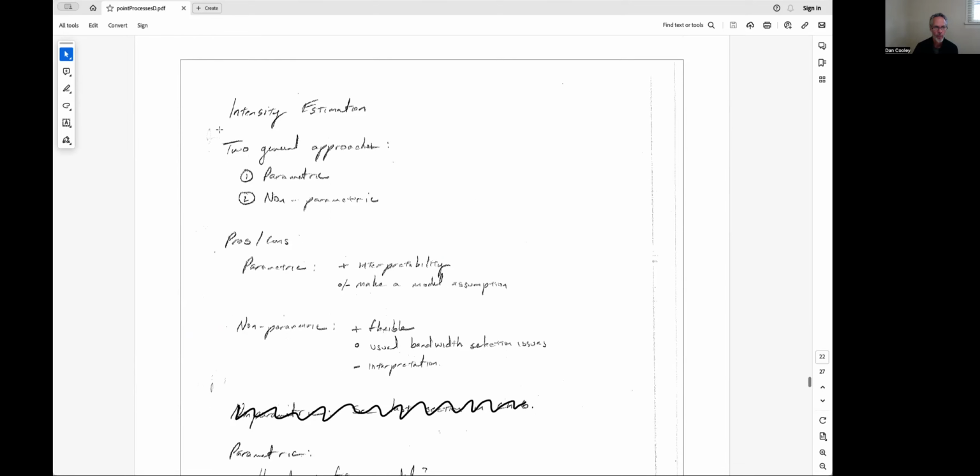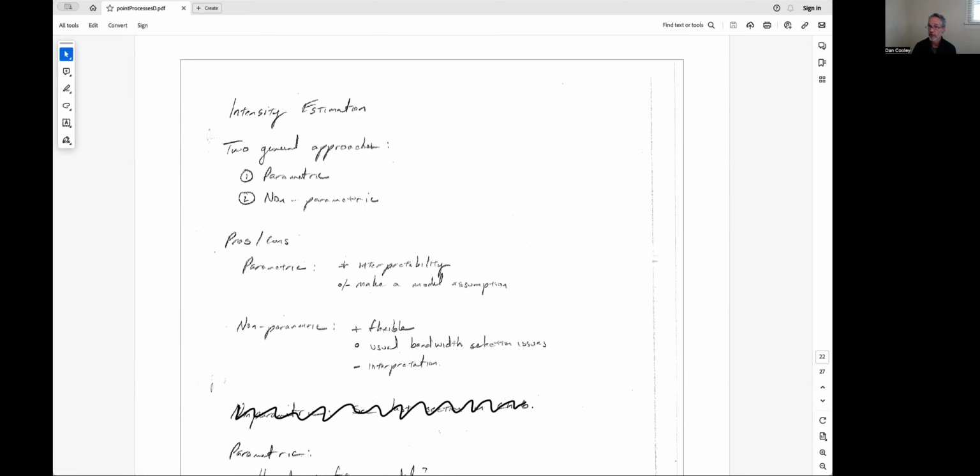So there are two approaches. You can do a parametric approach or a non-parametric approach. I'm going to talk about the parametric approach first. These are the usual choices we have to make when we're trying to decide whether we want to do something parametrically or non-parametrically. Parametrically, we get nice interpretability.